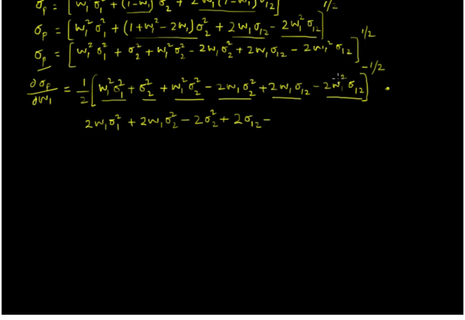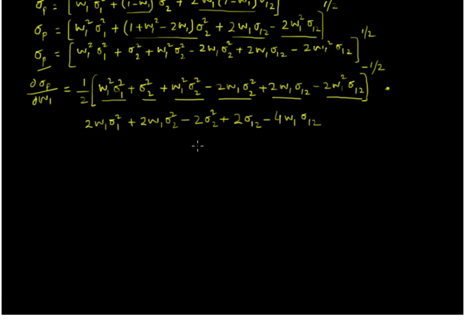What we get from here is 2 times 2 is 4 times W1 times covariance between 1 and 2. So we have differentiated. Now we need to solve this by setting it equal to 0. We need to solve this for W1.